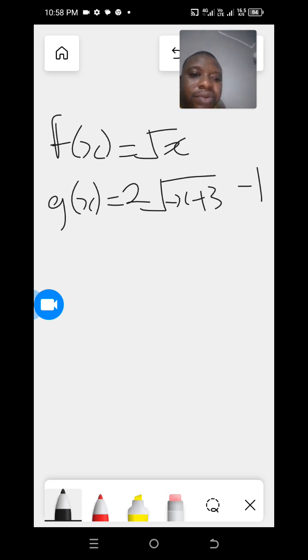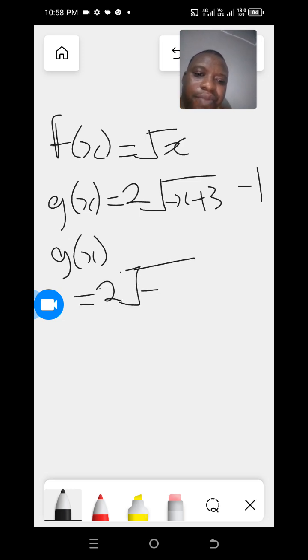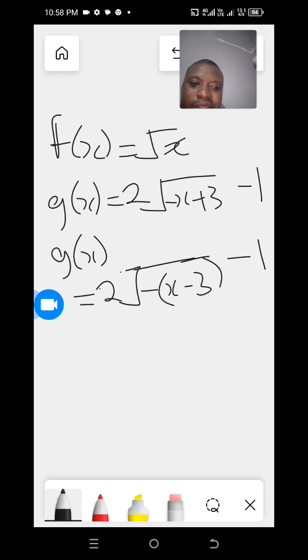Before we answer this, we have to write g of x properly, which is 2 square root of, we bring that negative out, x minus 3, close the bracket, and minus 1. That is the proper form.